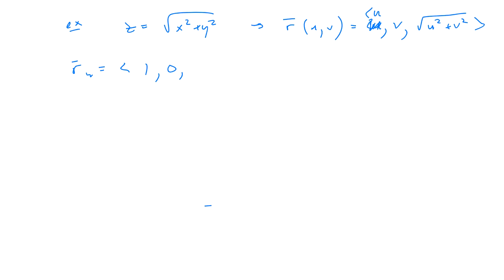The derivative of the square root, and you can check this, will just be the 2u times the 1/2. So I'll just get this. And then the derivative with respect to v will be the same thing, except we'll get v in the numerator.